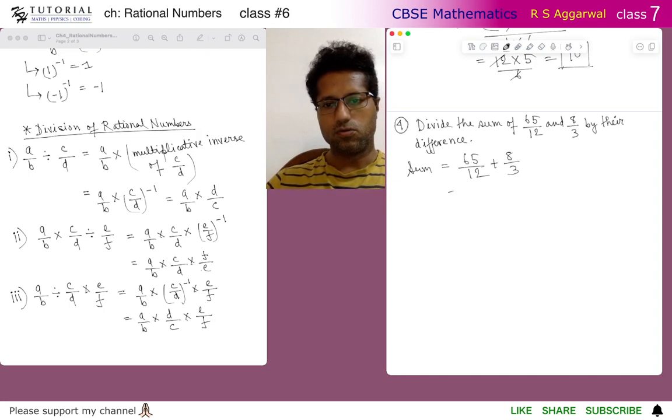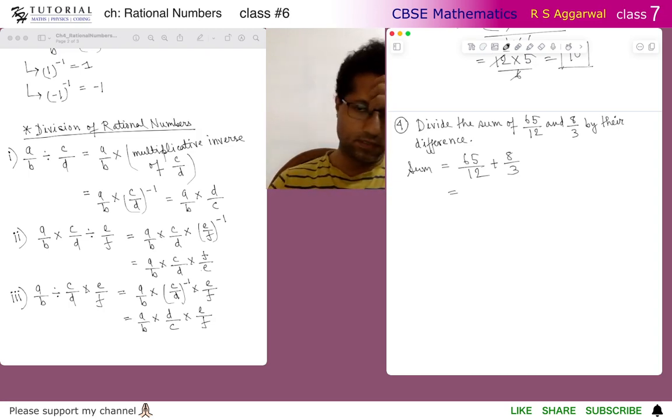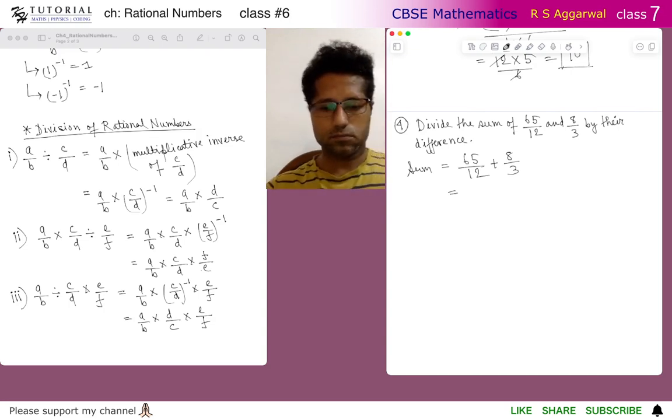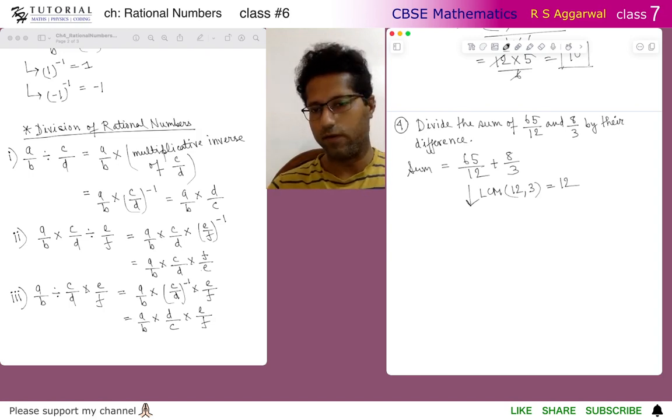Okay, so in doing this sum, we see that the denominators are different. So we have to find the LCM of the two denominators, that is 12 and 3. This is clearly 12, and we have to convert the two rational numbers to have a common denominator of 12.